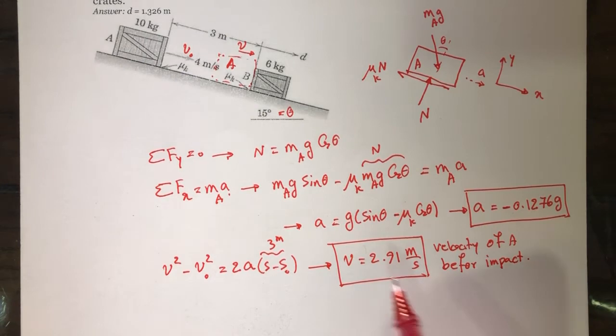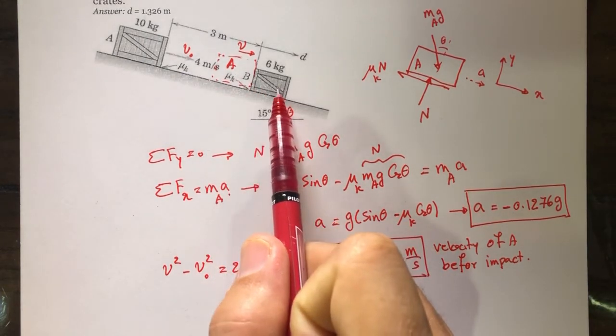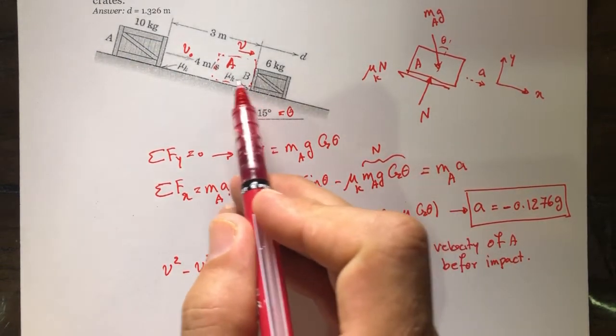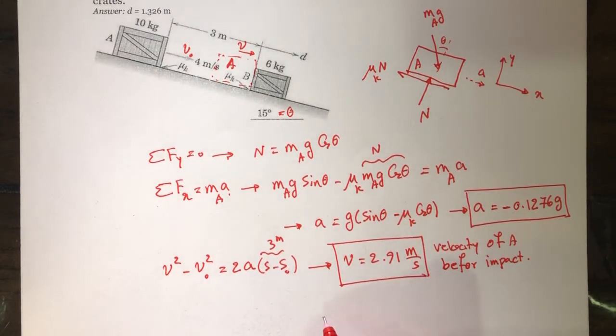Now the problem says box A is going to hit this one and they're going to attach together, and both of them are going to move down. Let's say after sticking together, they're going to move with the velocity of v bar.